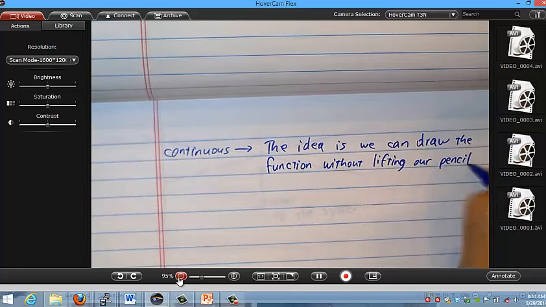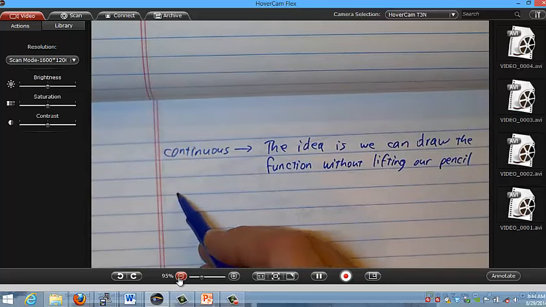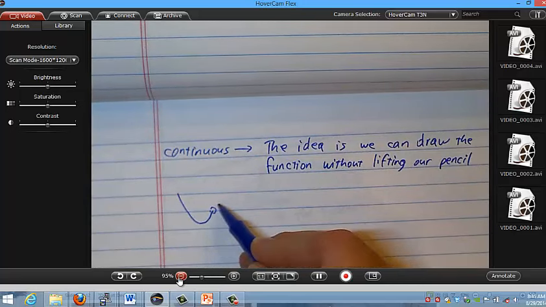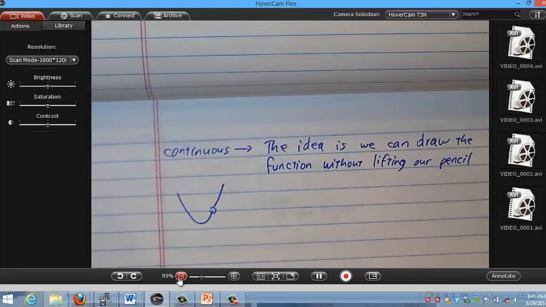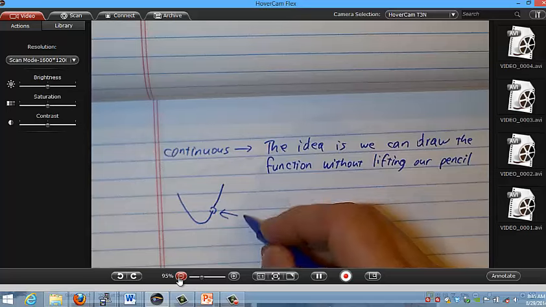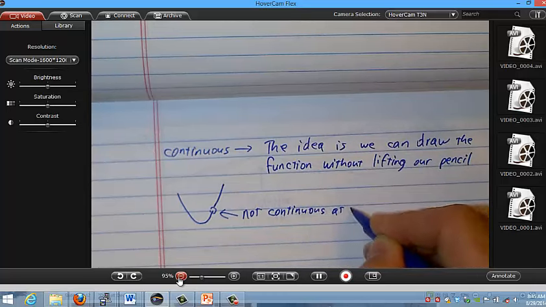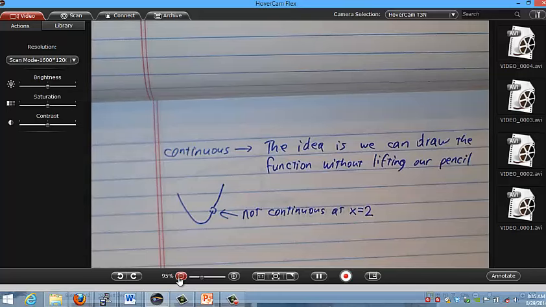That usually gets the idea across to people. So, in the example I just had, we had a parabola, but it had a hole in it, right? And so this hole is an example of a function which is not continuous at x equals 2. Okay? Not continuous at x equals 2.